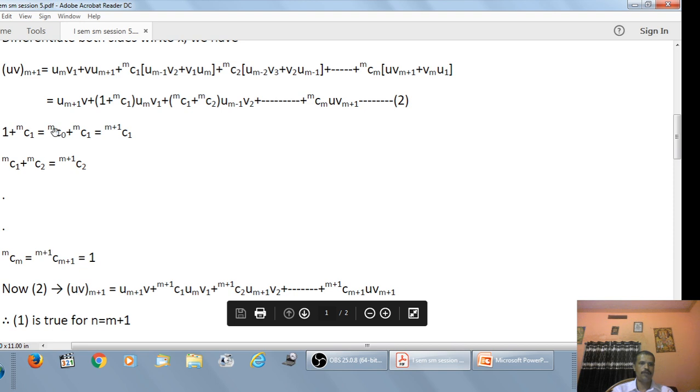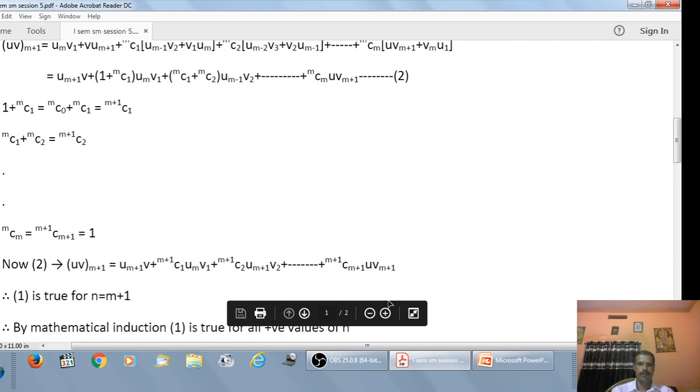Now, equation 2 implies LHS is u v^(m+1) equals u^(m+1) v plus, in place of 1 plus mC1, put m plus 1 C1 u^(m) v1 plus, in place of this, put m plus 1 C2 u^(m-1) v2 plus, in place of this, put m plus 1 C m plus 1 u v^(m+1).